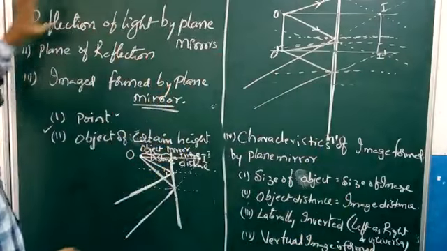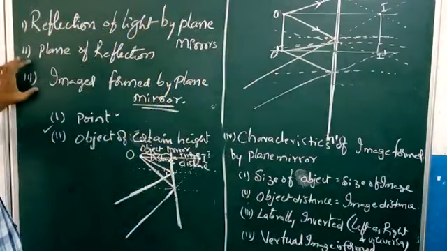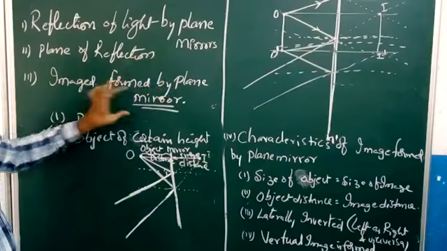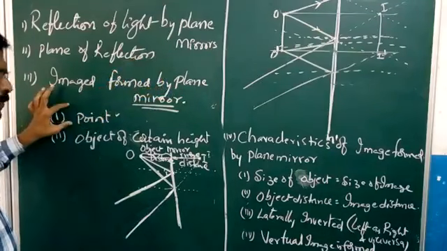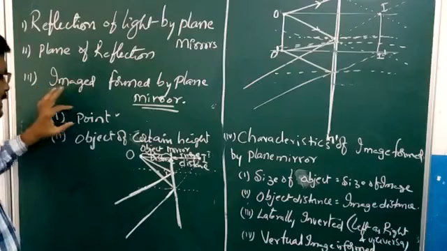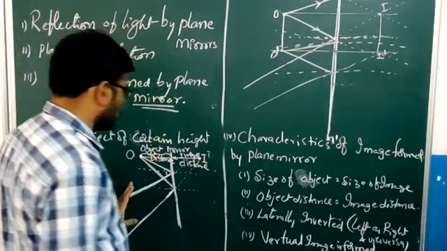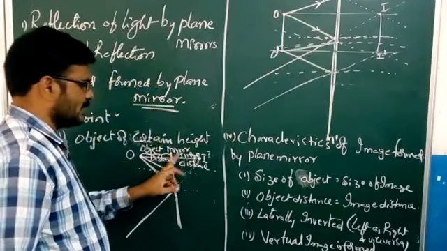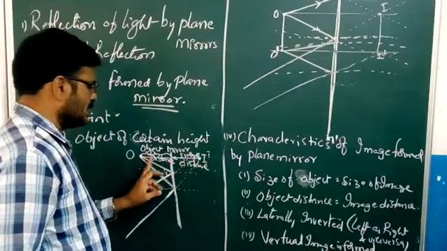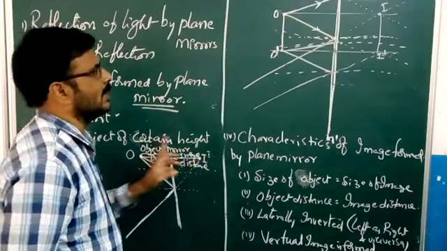So we have seen reflection of light by plane mirrors and plane of reflection, and the image formed by a plane mirror is categorized into object of point size and object of certain height. For object of point size, we see object distance equal to image distance, and they will be on the same line.